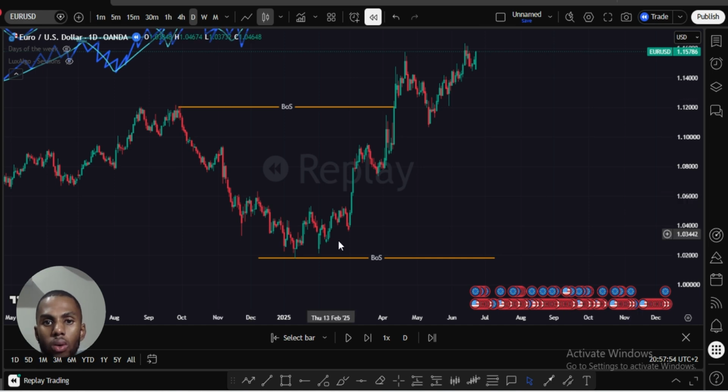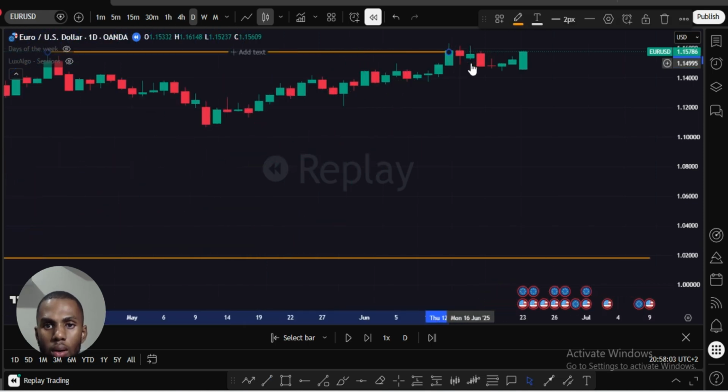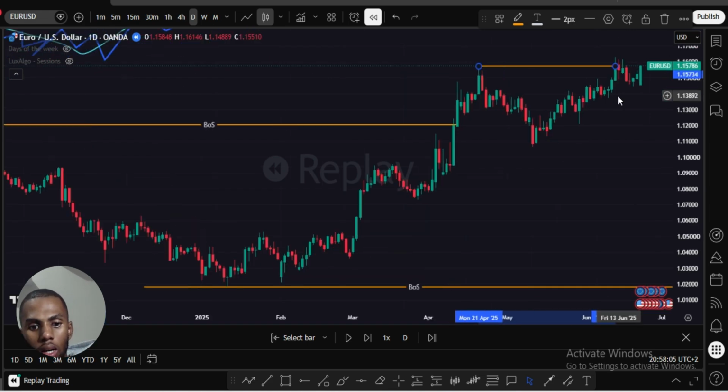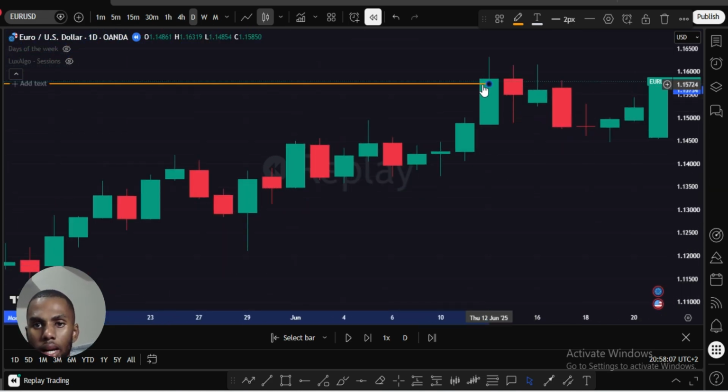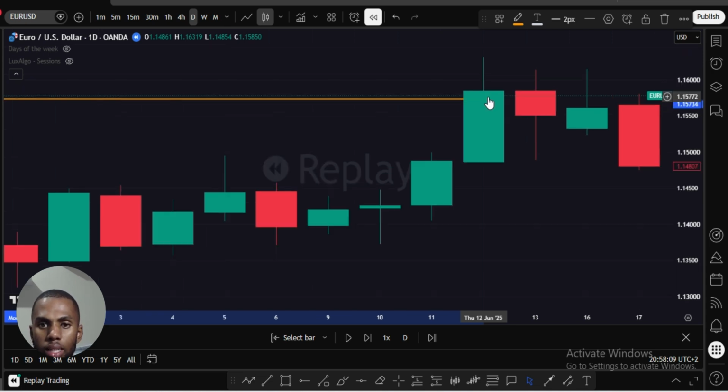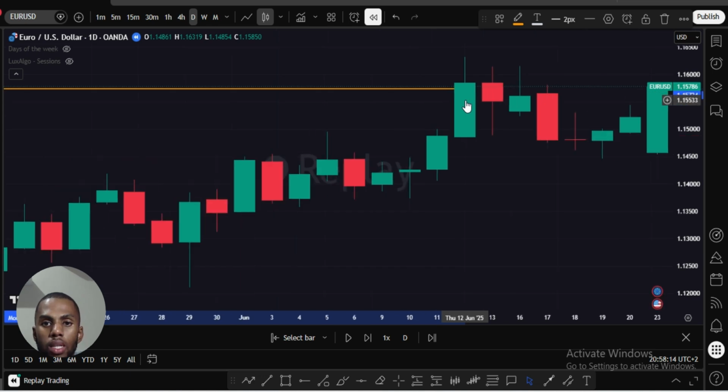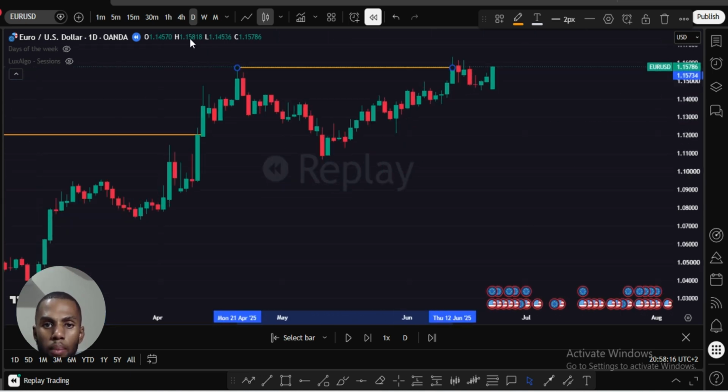There we go. Here's our next break of structure right there. We can draw a line across. This is where the market broke and closed above our line right here. It doesn't matter how much the market closes or how many pips, as long as we close above our high right here.